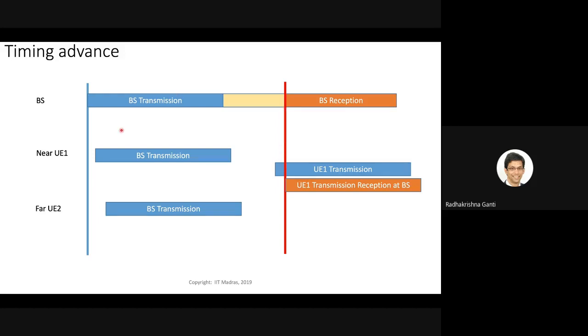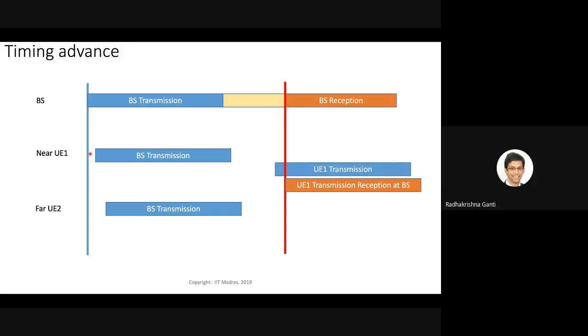Let's start with the transmission part. The base station is transmitting here. I'm taking two UEs. One is called the near UE, which is a little bit closer to the base station, and one is the far UE, which is a little bit far away from the base station. The base station is transmitting at time t equal to 0.